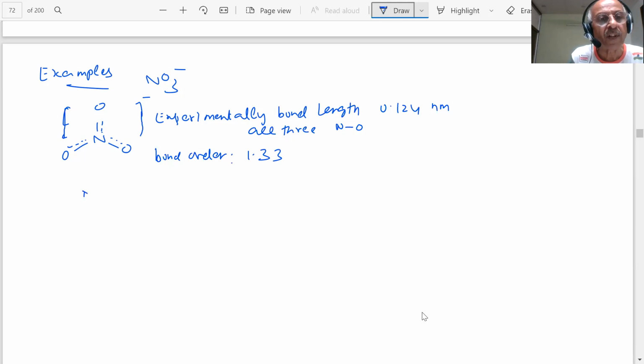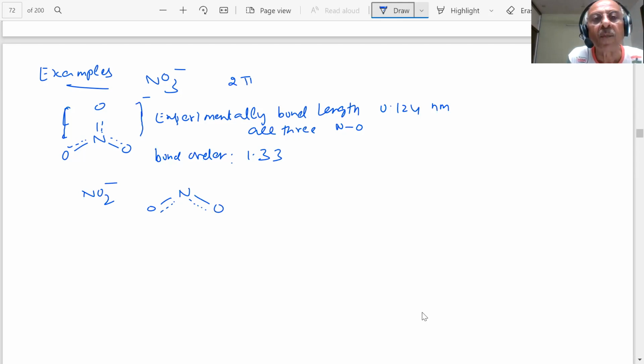If I compare this with NO2 minus, students, what happens in NO2 minus? How do you draw it? Now this pi electron here, you can see the 2 pi electrons. How many electrons are there in a pi bond?